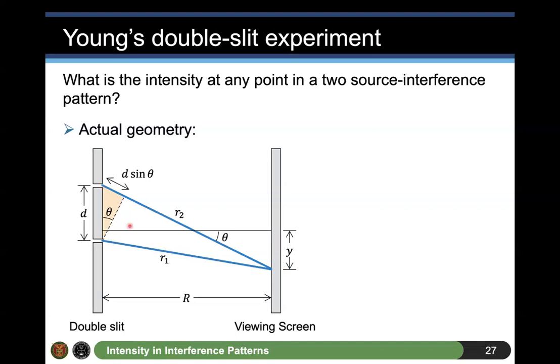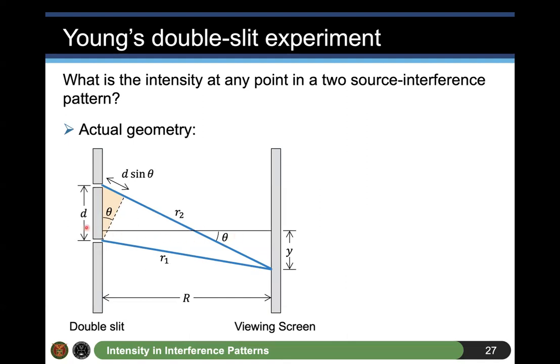Now, R1 and R2 are our path lengths. From before, if this R2 or R1 produces an angle theta from the normal, the line perpendicular to it, or the line parallel to the optical axis, this is our optical axis.